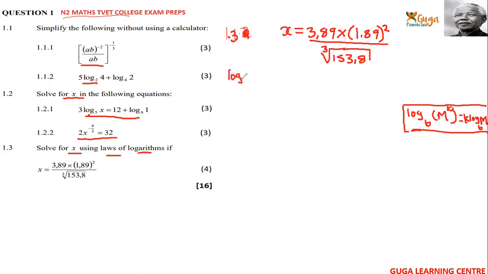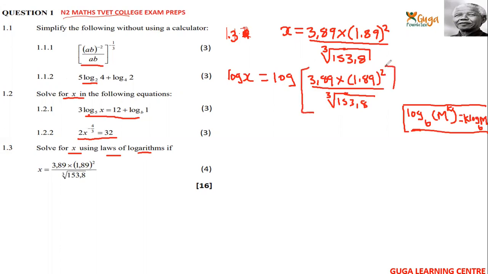Like you will say you have got log of x, right, is equal to log of 3,89 multiplied by 1,89 squared, right, all over the cube root of 153,8, right?